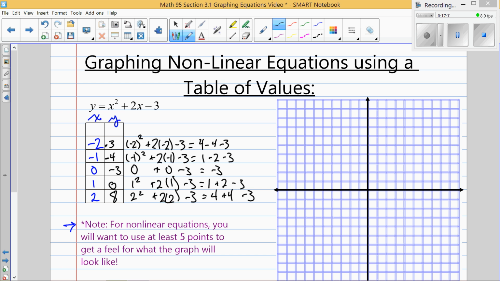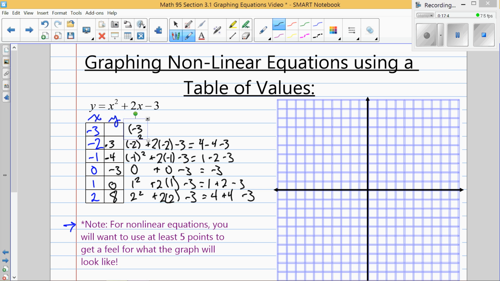Now, if you're familiar at all with quadratics, you remember that they sort of mirror themselves. They sort of have this smiley face shape. And I'm seeing some mirroring happening here. So if I allow my x value also to be negative 3, I'm expecting that I get a 0 out for that y, but let's just double check it.